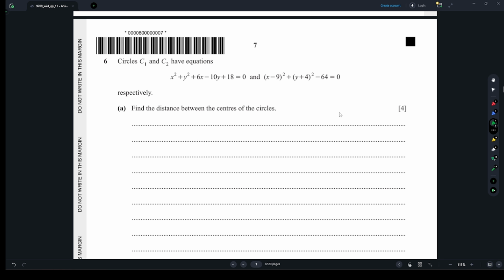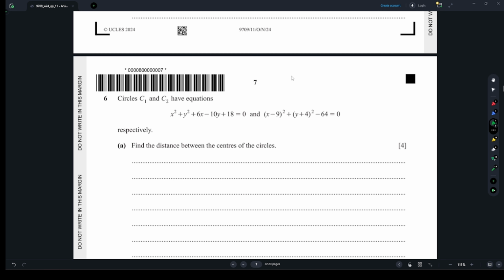Circular measures. Let's see, or coordinate geometry. Circles C1 and C2 have these equations respectively. Find the distance between the centers of the circles. Here the main thing you should remember is that they can give you the equation of a circle in two ways.